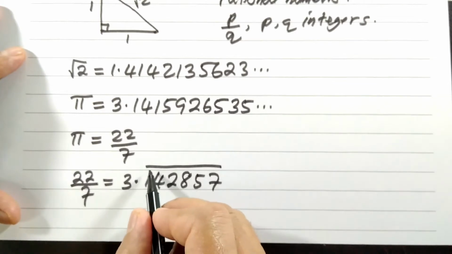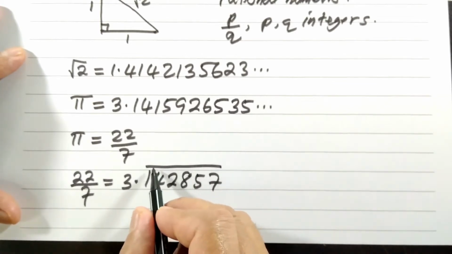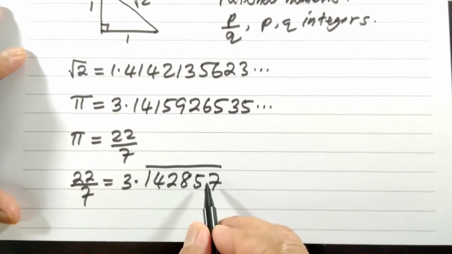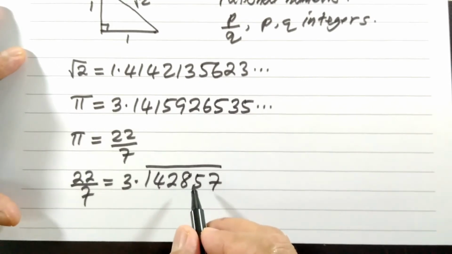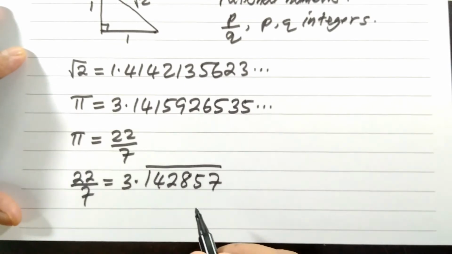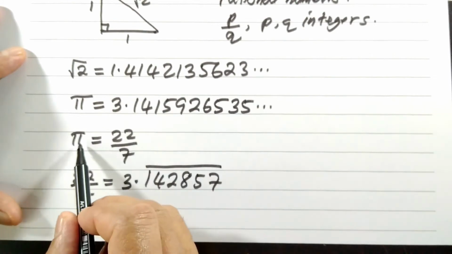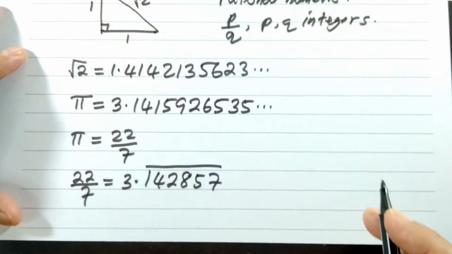Clearly, as we mentioned last time, when we have a repeated decimal like this, it is a rational number. So this is a rational number. On the other hand, pi itself is an irrational number.